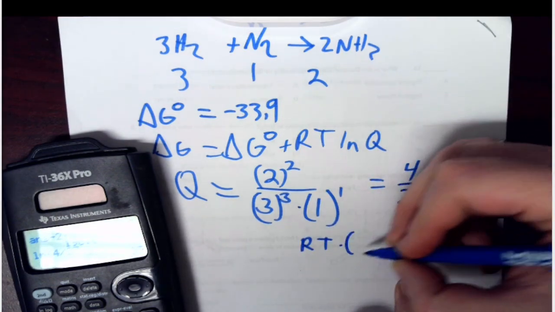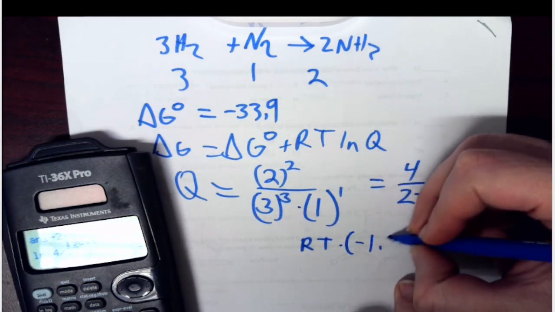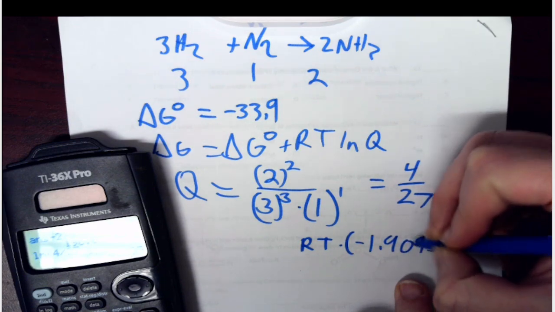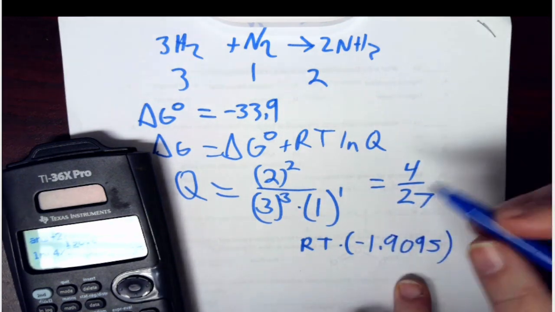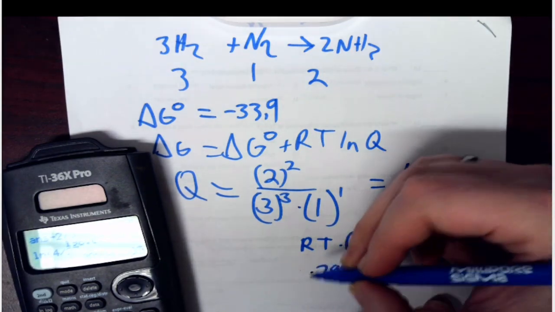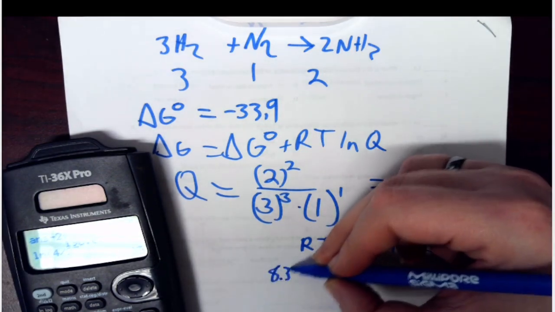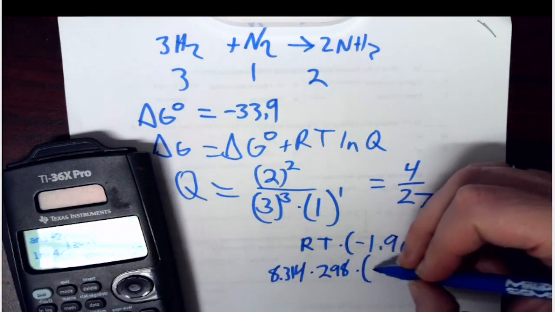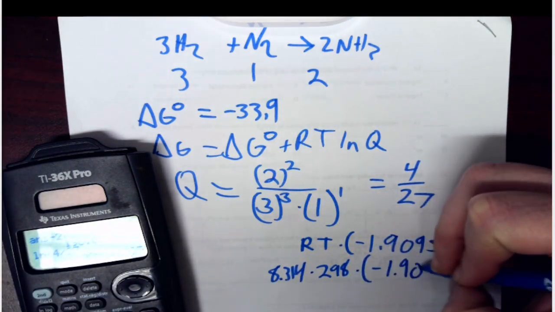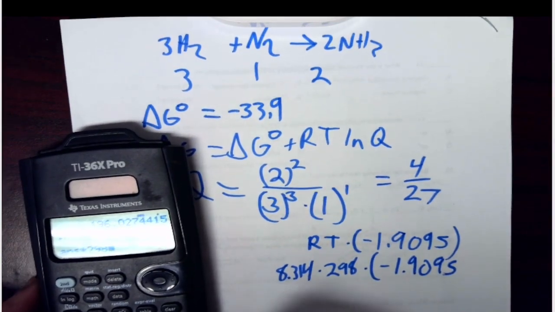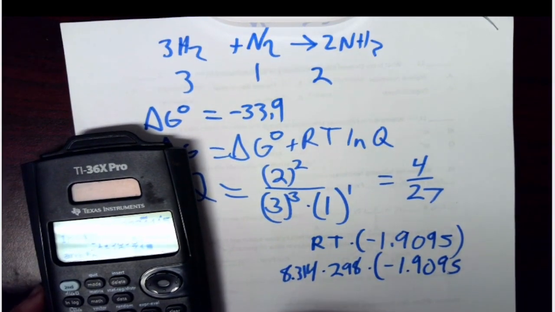RT times negative 1.95, at 298, so we're going to times 298 and 8.314.